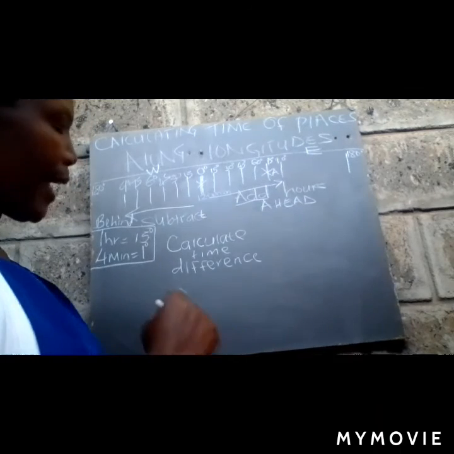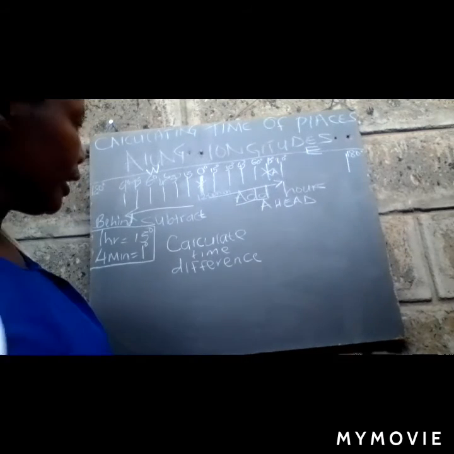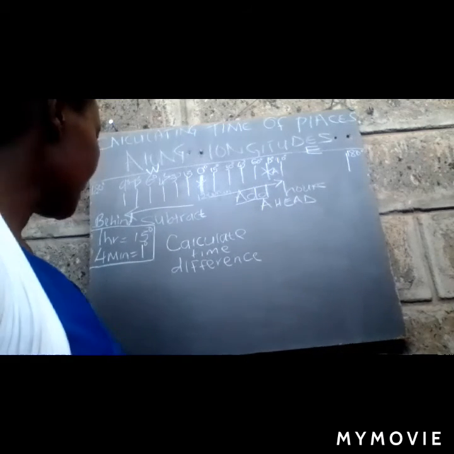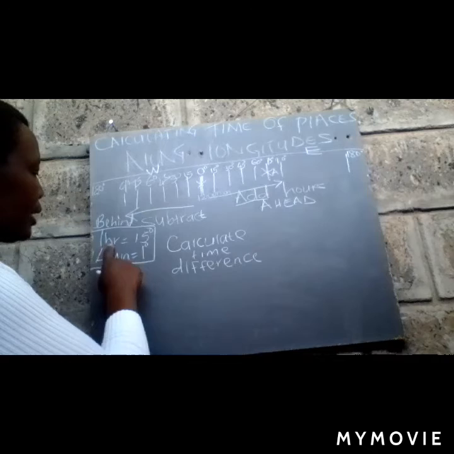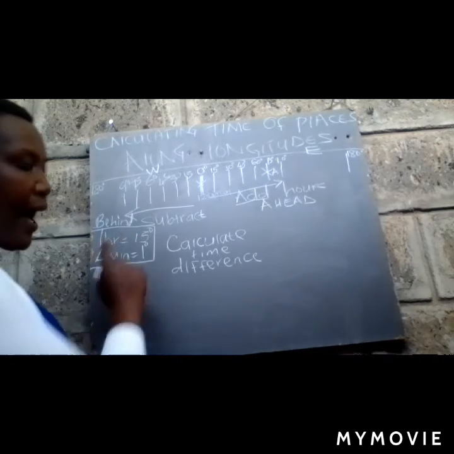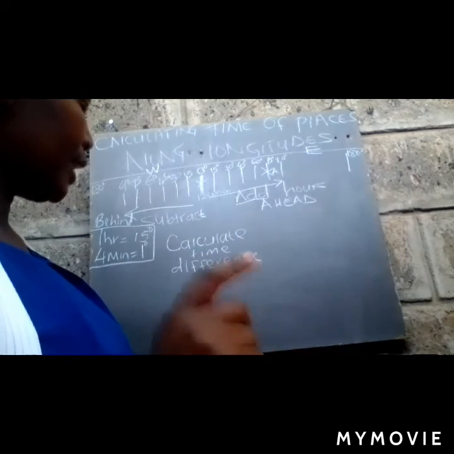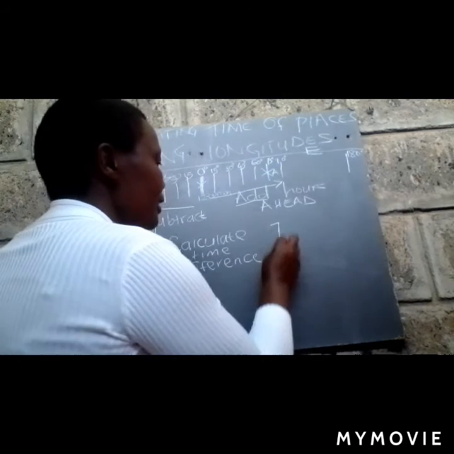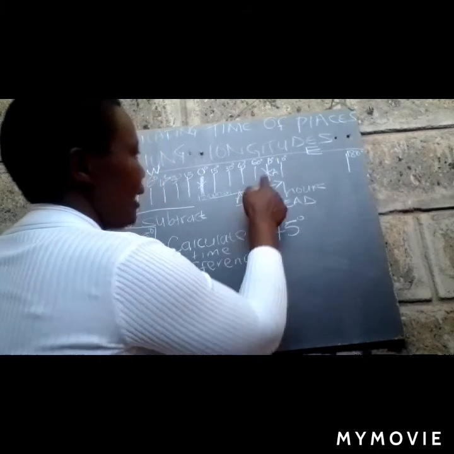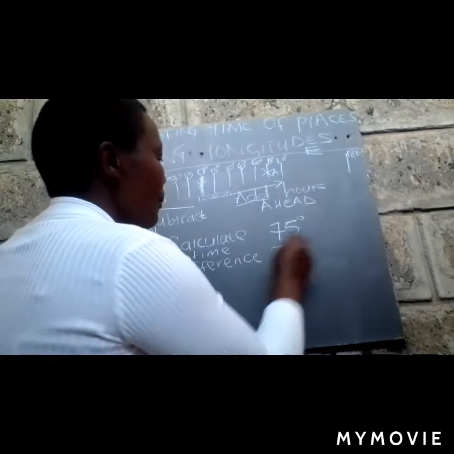calculate time difference. In calculating time difference, remember we said in every hour the earth rotates 15 degrees. So if we have 75 degrees at point A, how many hours?